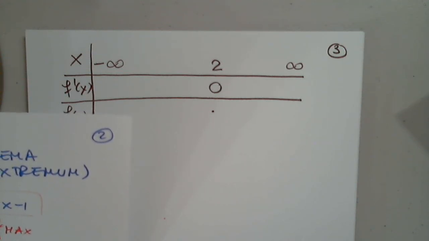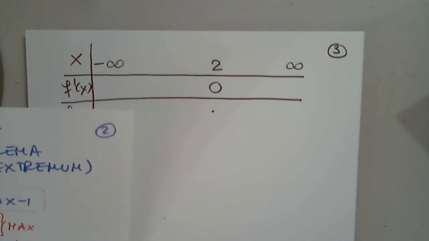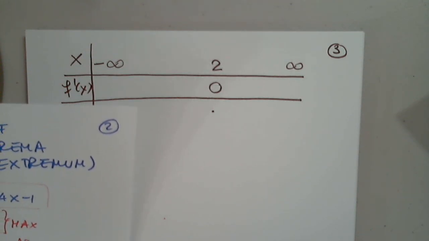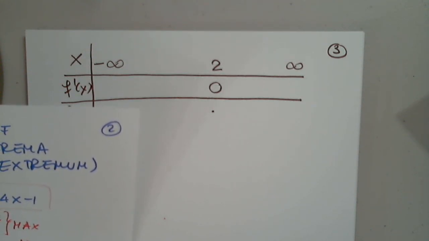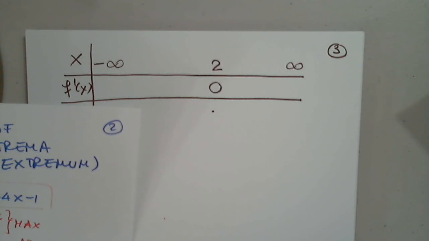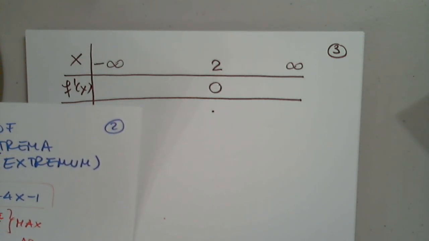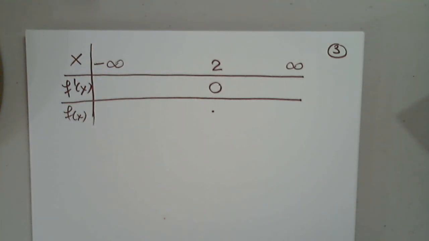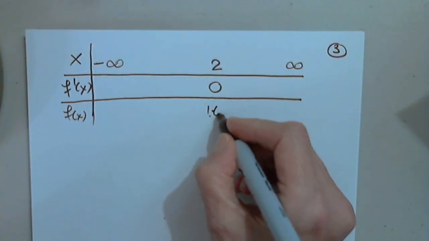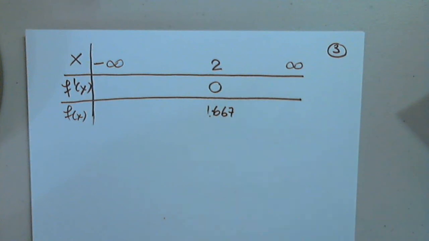And go to second and table when you're finished with that. And please plug in 2. Go to the right and see that this is 1.667. Okay, so 1.667. I put it in. Here's our next step.